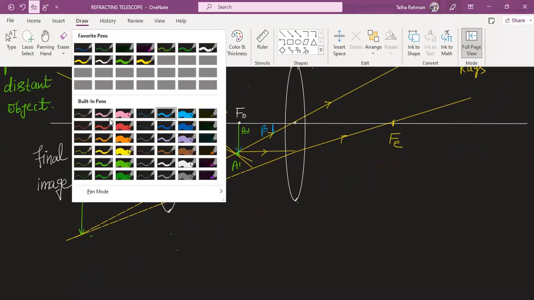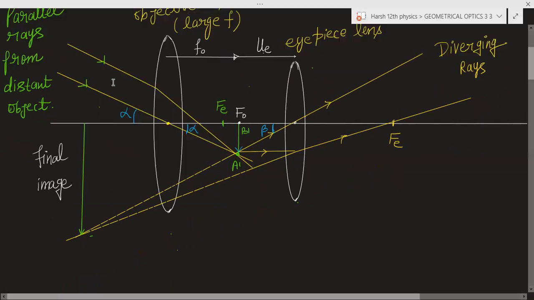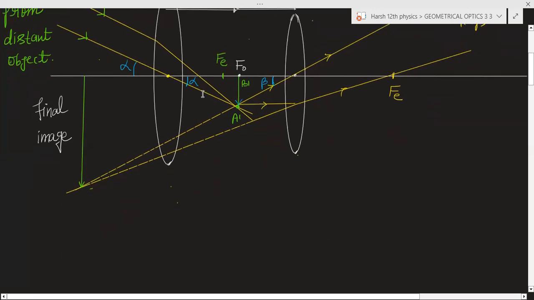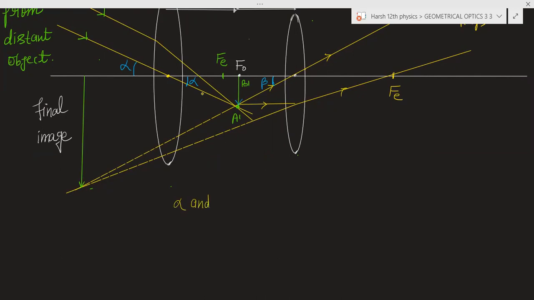Why am I saying alpha and beta are small angles? Because you can see the size of this image is small, and this line is passing from this image. So this angle beta will be very small. This alpha will be very small because this height is very small.